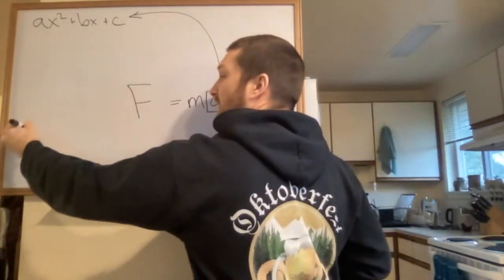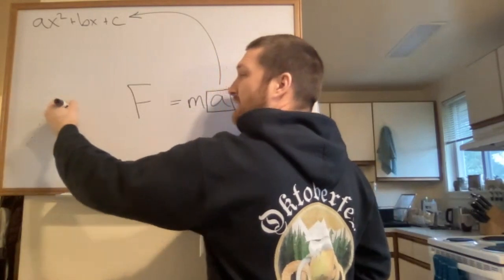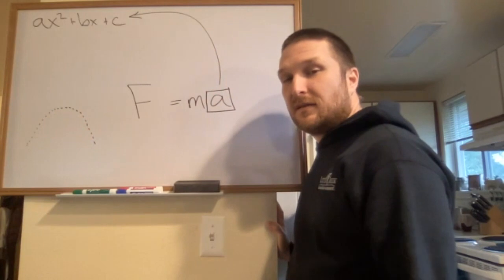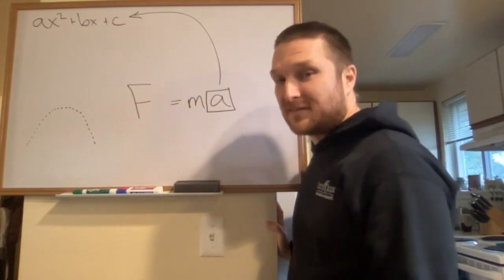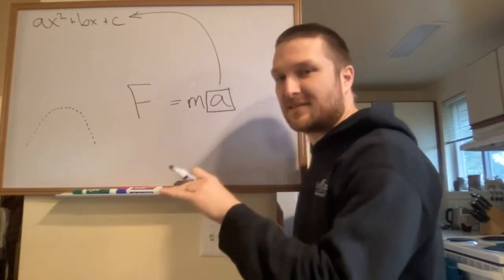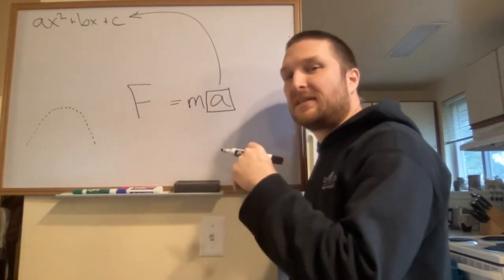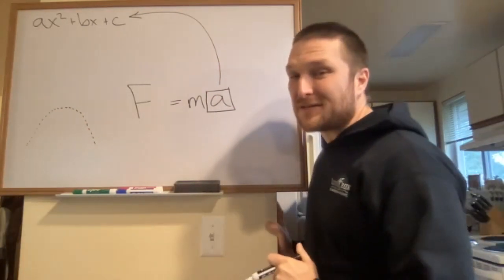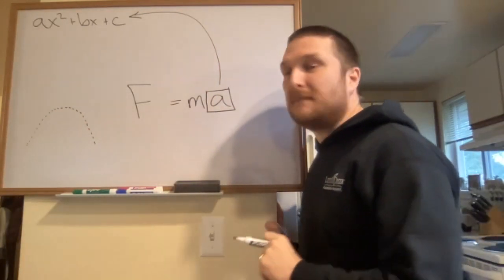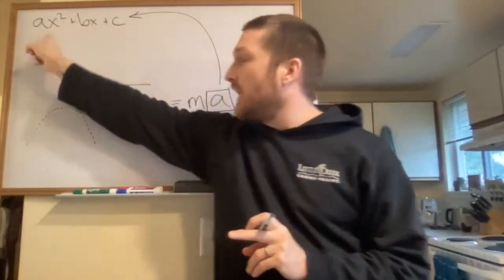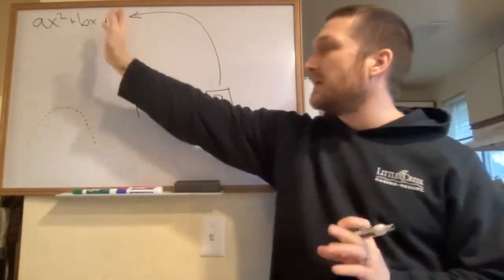If something is being acted on by the force of gravity, well, gravity is acceleration, right? And on the earth, it's constant. And so with constant acceleration, constant force being applied to something, it moves like a parabola.